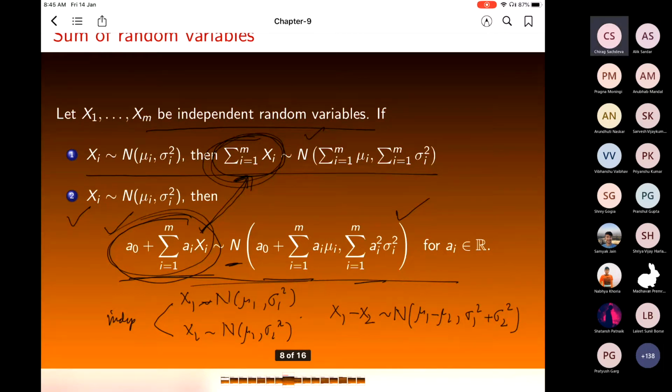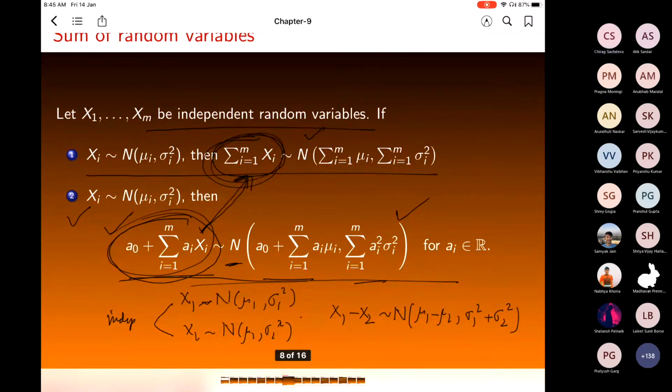Yes, sir, they are basically the same in terms of normal mu sigma square, but they are three different independent variables. Like x1 also follows normal mu sigma square, x2 also follows normal mu sigma square. But you are not saying that thing, no? So you are saying x1, x2, x3 are there.